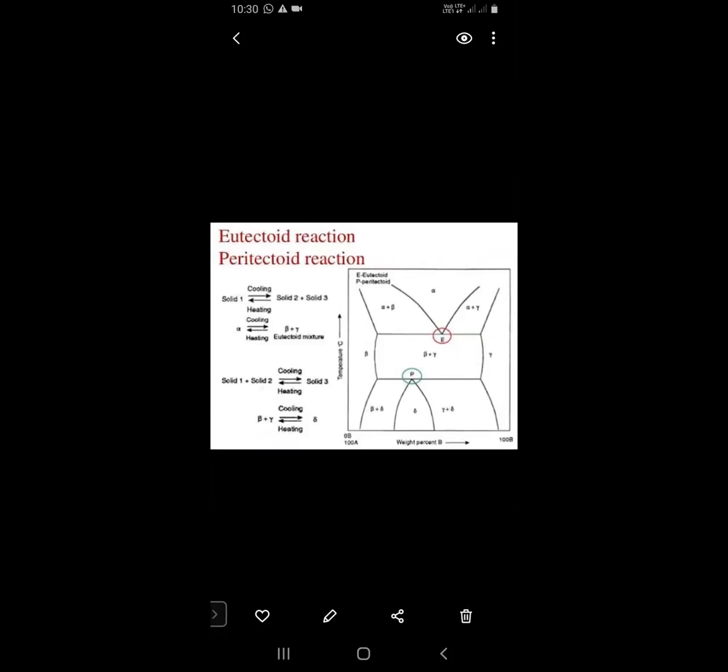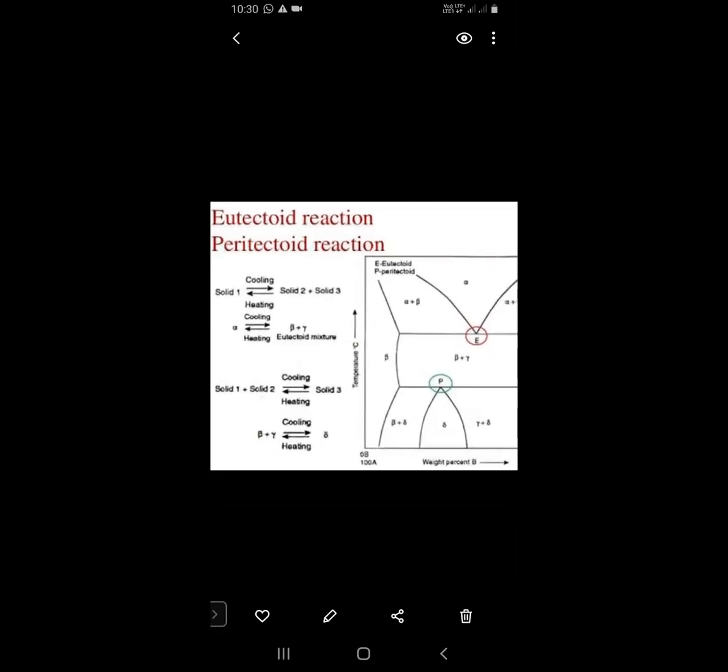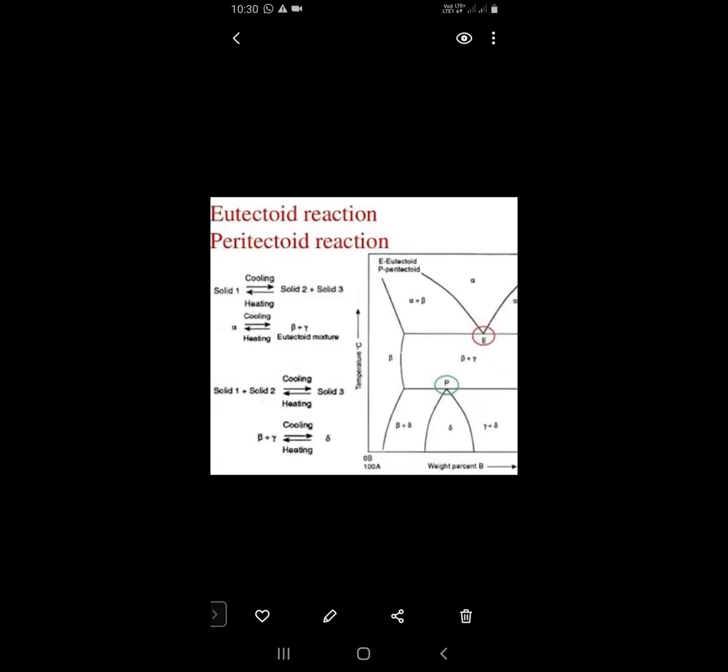One is eutectoid, the next one is peritectoid. First, here it is very clearly given: solid 1 gives solid 2 plus solid 3.